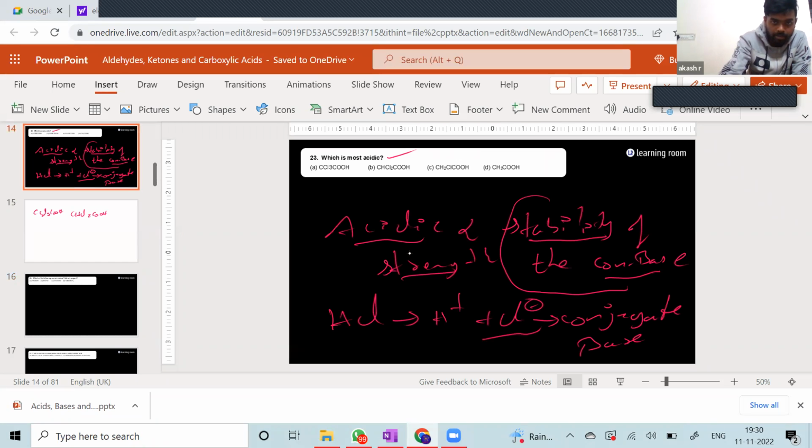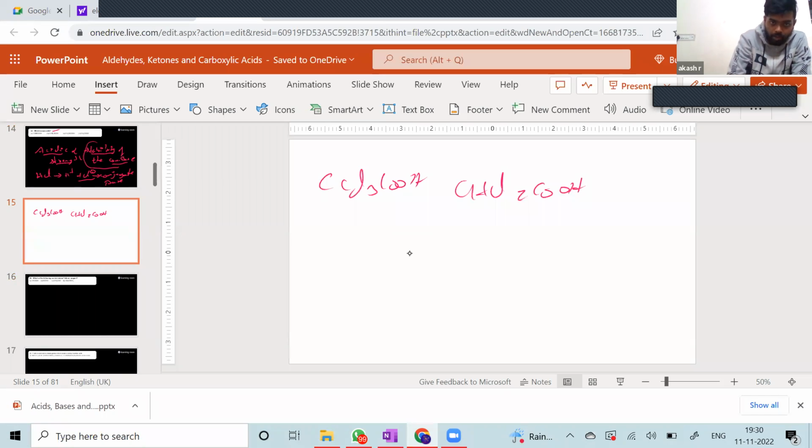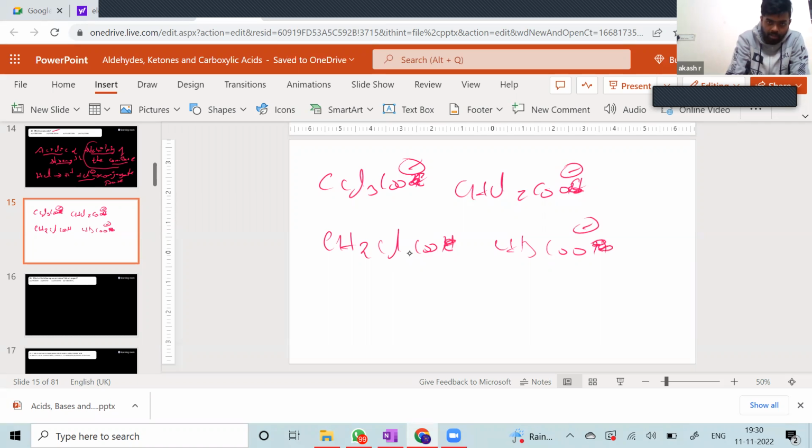Then we have been given CH2ClCOOH. And then we have been given CH3COOH. Okay. So we'll just remove H plus from all of them. We'll make a minus, minus, minus. Now these are the conjugate bases.